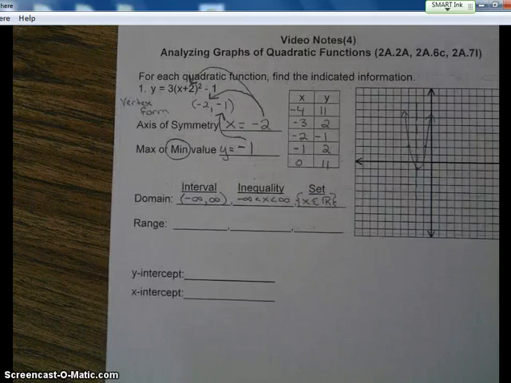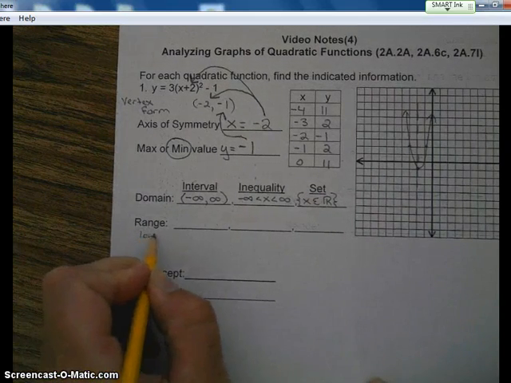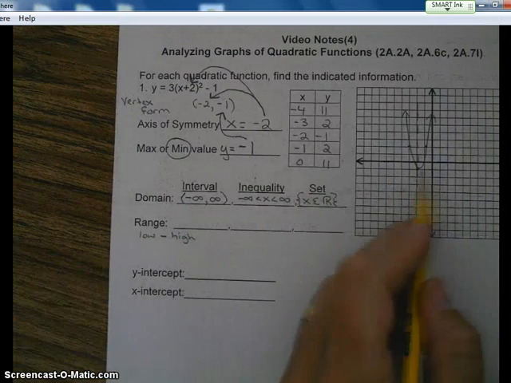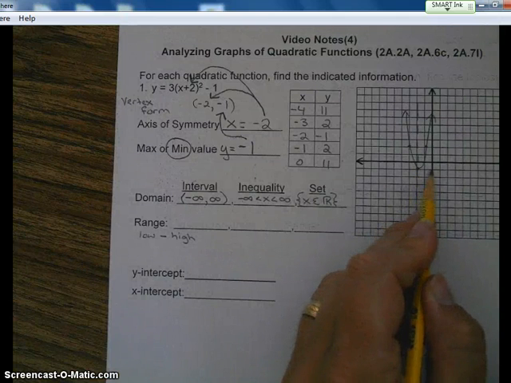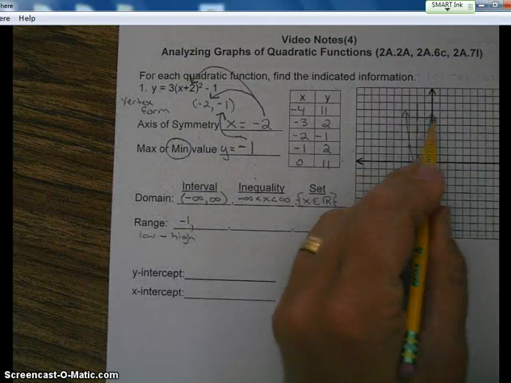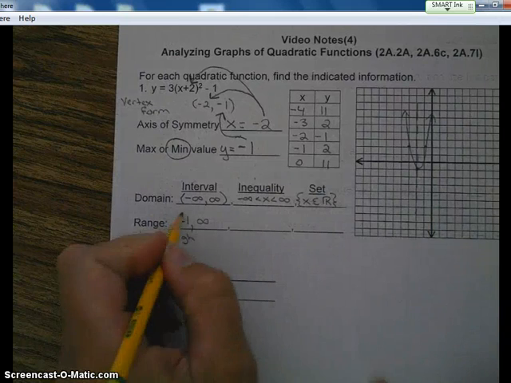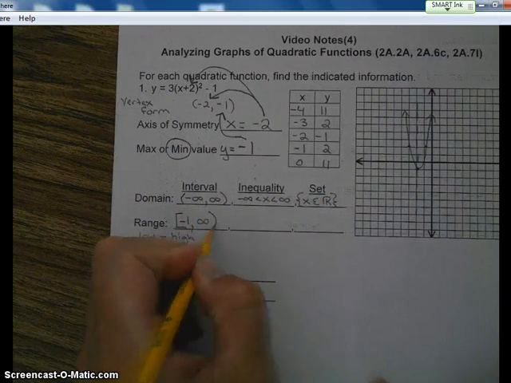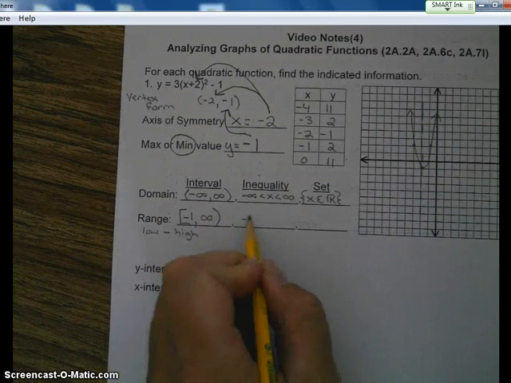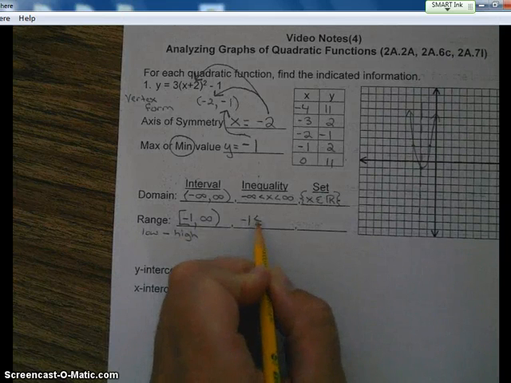Okay, range. Remember, range is lowest to highest number. So our lowest number is -1. Our highest is an arrow, which means it's going to infinity. Now this is a closed dot down here, so we're going to use a bracket, and parentheses for infinity. Inequality: same numbers, except the -1 gets an equal sign under the less than.